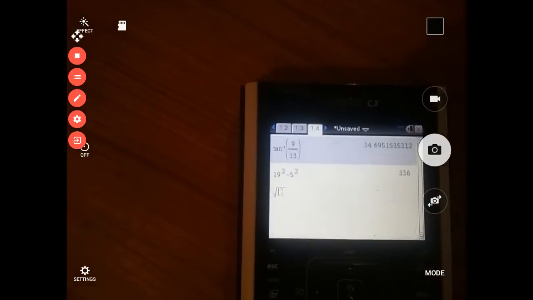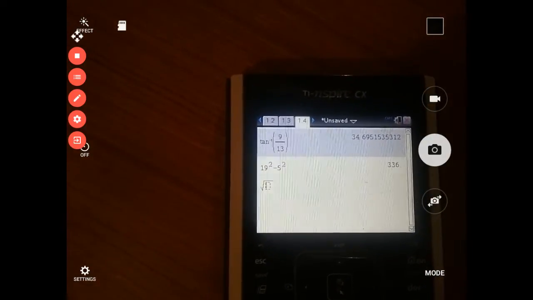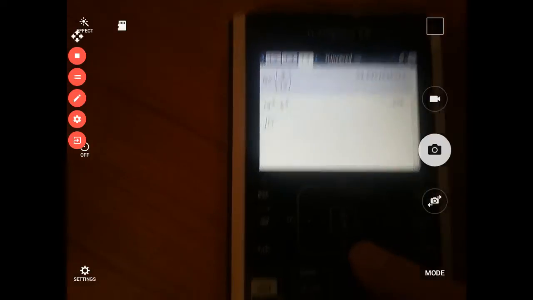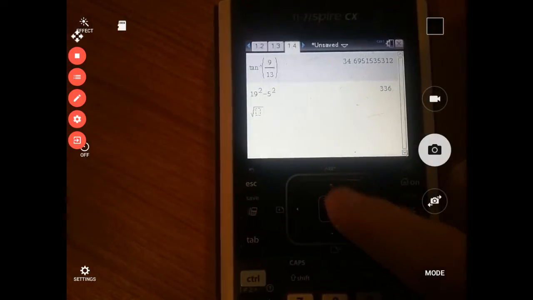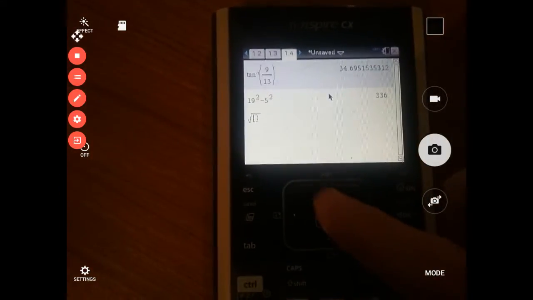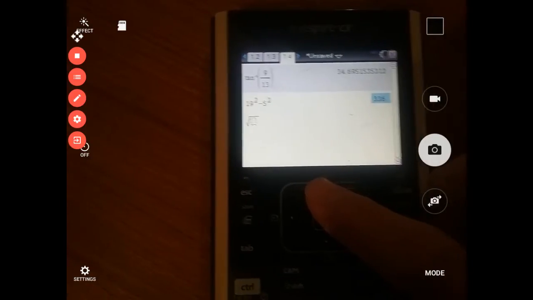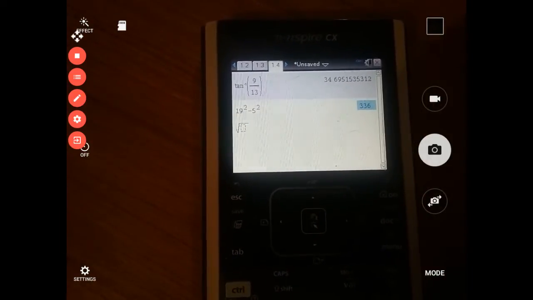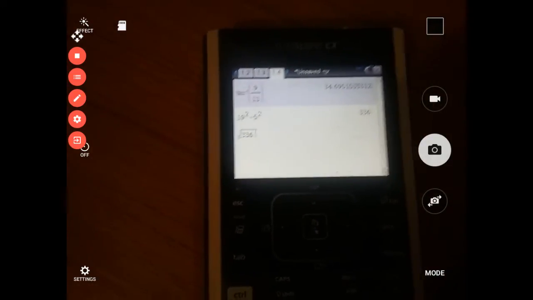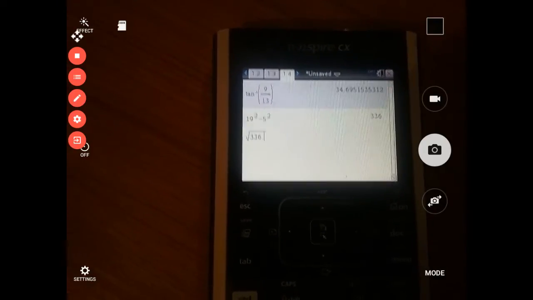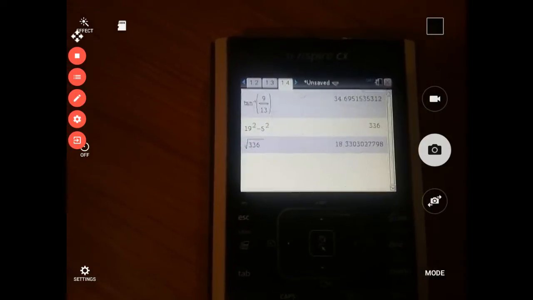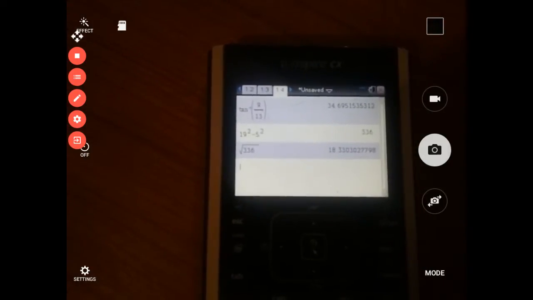Now, on the Inspire, if we just use our pad here and scroll up, look, I selected 336. If I hit enter, that populates my square root right there. That's not particularly helpful, because 336 is pretty easy to type.